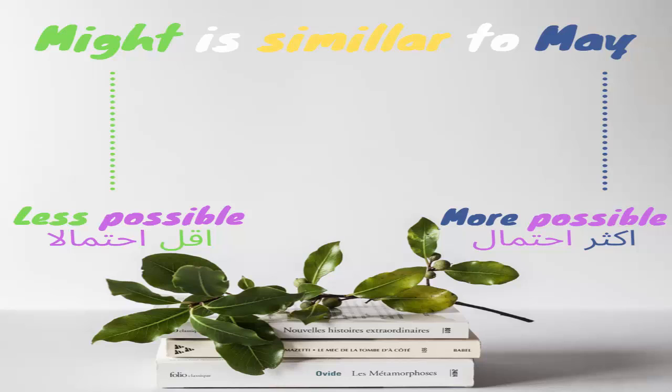But there is a slight difference: might means something less possible, أقل احتمالا. However, may is more possible. So might is similar to may, but might is less possible while may is more possible.